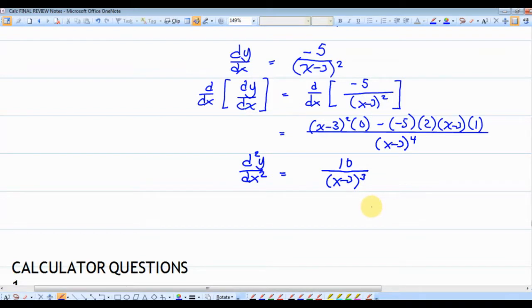Times 1, yeah. 1 is the derivative of x minus 3, because you're using a chain rule. Oh right. So 2 comes down. Negative 5 times 2 times what?